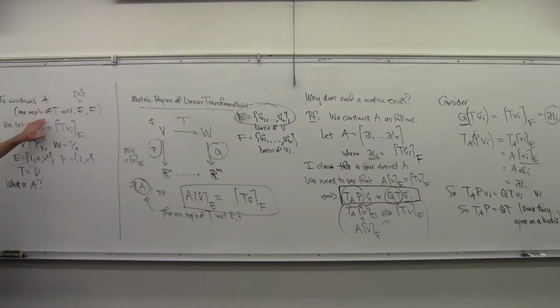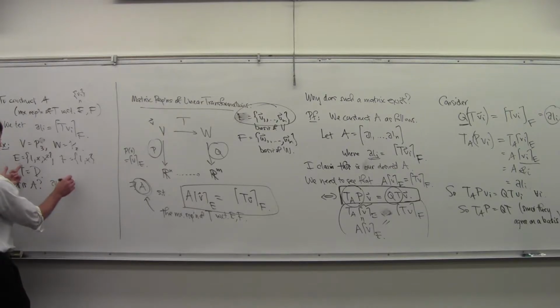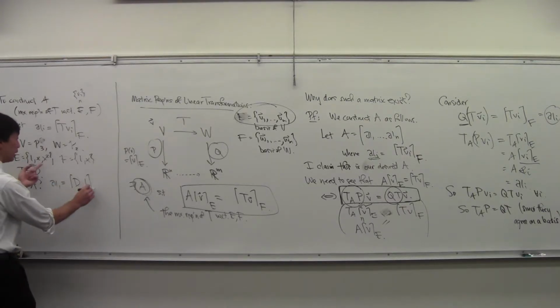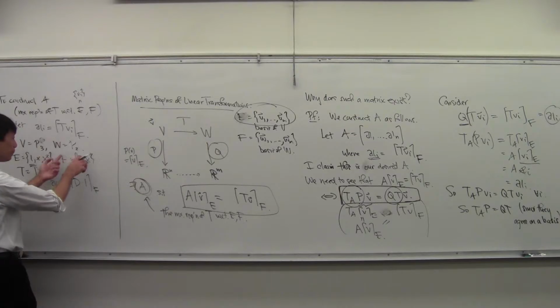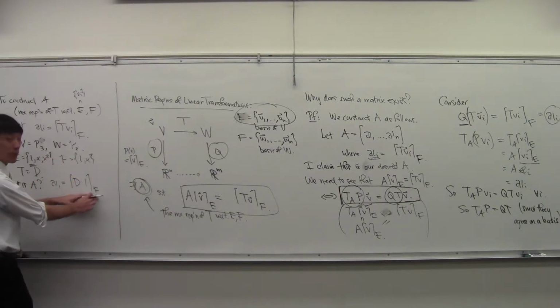To construct A, we get the ith column by taking the ith element of the first basis and mapping it through the linear transformation and taking the coordinate vector of that with respect to the second basis. Okay. So to get the first column, we take the derivative of the first element, and then take the coordinate vector of that with respect to the second basis, right?